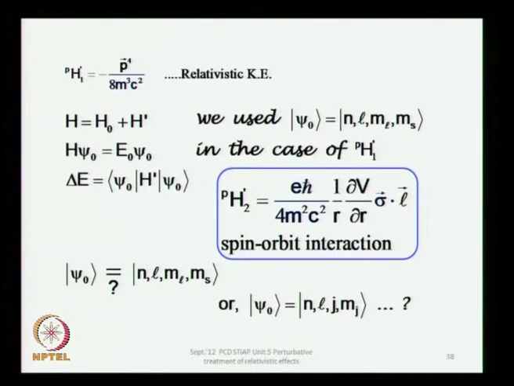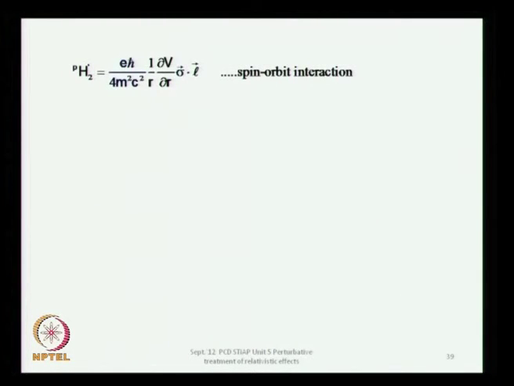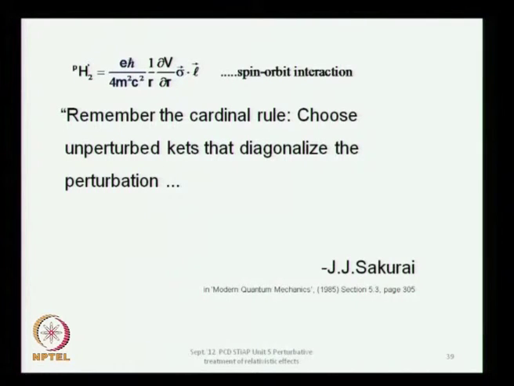And now the question again is whether we will use N, L, ML, MS, or would we use N, L, J, Mj. You will remember that I had quoted Sakurai. In his book he states very categorically the cardinal rule: choose unperturbed kets that diagonalize the perturbation.